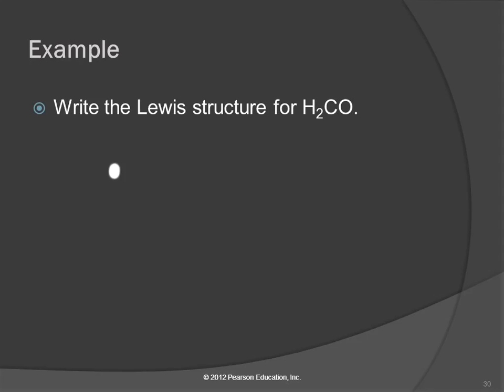The carbon and the oxygen are going to be connected because the hydrogens can only be connected to one thing. So we can't do something like this, where we have a hydrogen in between the carbon and oxygen, because that would mean that hydrogen would have to form 2 bonds, and it can't do that. It can only form 1 bond, so that's not going to work.